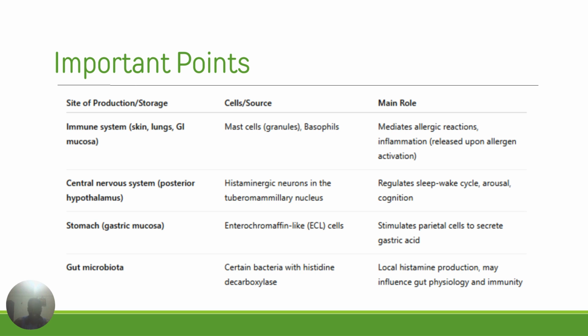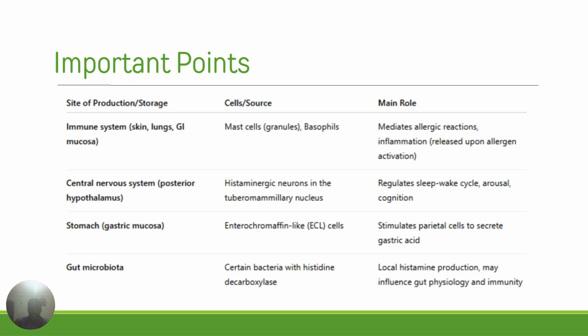In the immune system, such as skin, lungs, and the gastrointestinal tract, and also the mucosa, histamine is produced in the mast cells, the granulated cells, and also by the basophils. Their main role there is that they mediate allergic reactions and also inflammations, especially the ones induced by allergens.